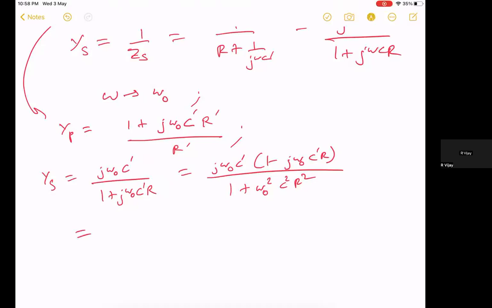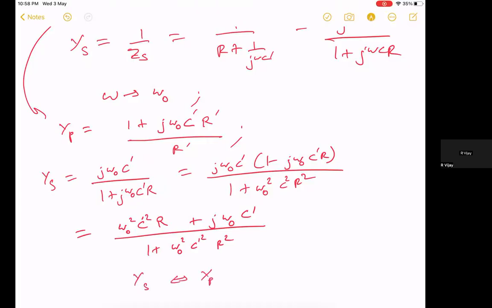I can now write as omega naught square C prime square R. So now I do the equivalency that this is the same as this.